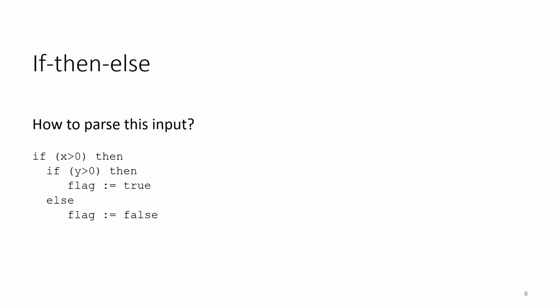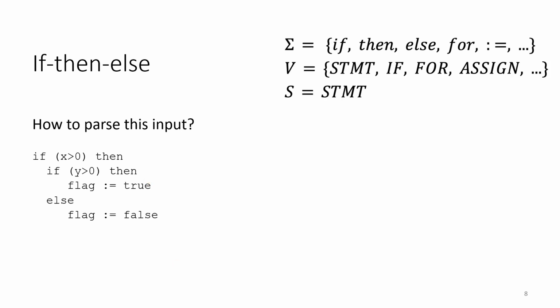To understand ambiguous grammars, let's look at an if-then-else statement. I have here this particular input, which is a string, and it's a nested if statement. I can write a grammar for if-then-else statements. So my terminals include the words if, then, else, for, and then like an equals for assignment.